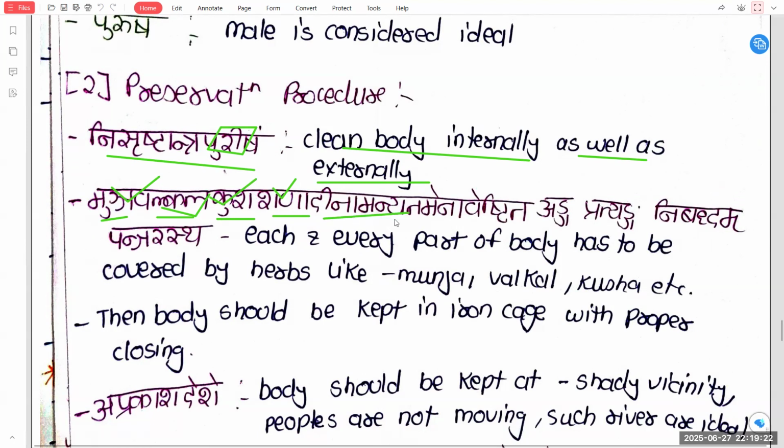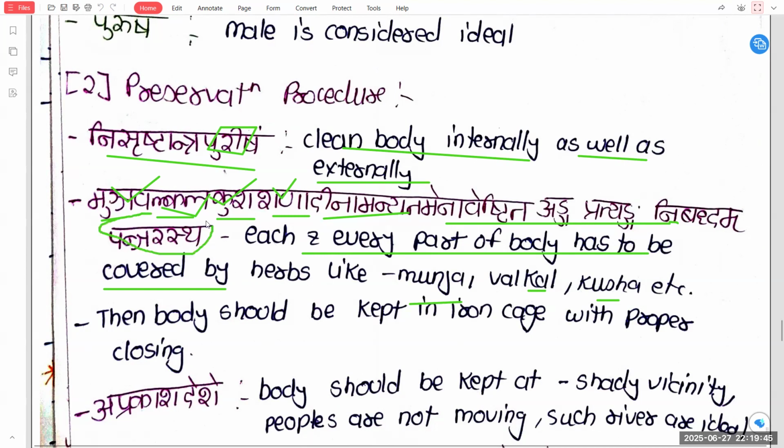Adi nama anyatamena veshtita anga pratyanga. What do we have to do? Veshtita. Veshtita means cover. So, what do we have to cover? Anga pratyanga. Each and every body part has to be covered by herbs like munja, valkala, kusha, shana, etcetera. And then nibaddham panjarastham.